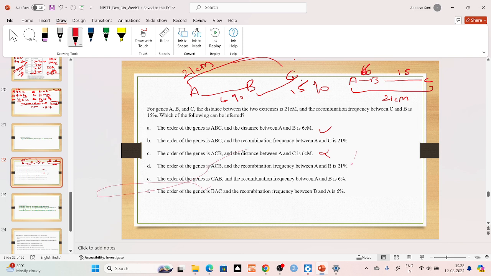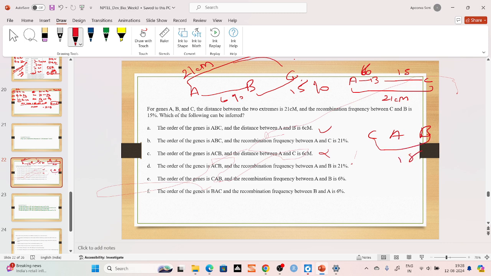The order of the gene is CAB and the recombination frequency between A and B is 6%. Okay, CAB they are saying. If I am writing it as CAB, what is given here? The recombination frequency between B and C is 15%.